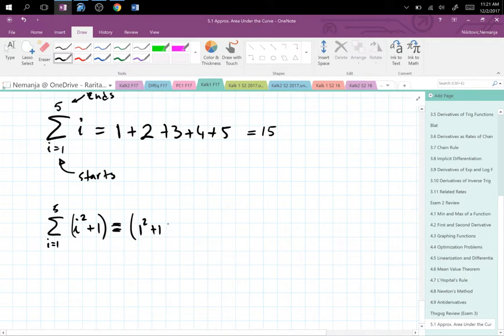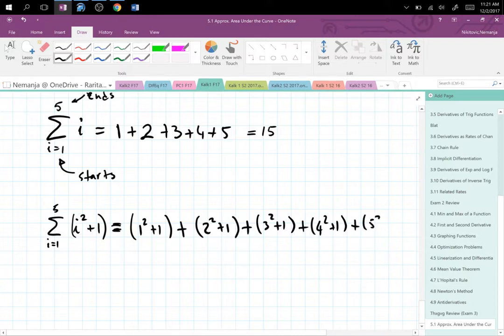So 1 squared plus 1, plus 2 squared plus 1, plus 3 squared plus 1, plus 4 squared plus 1, plus 5 squared plus 1. So you are using whatever formula is given to you, and you are plugging in the counter values 1, 2, 3, 4, 5. Now clearly this counter could be 3 to 17, could be 0 to infinity, as we are going to have it. So it can be any values in there.